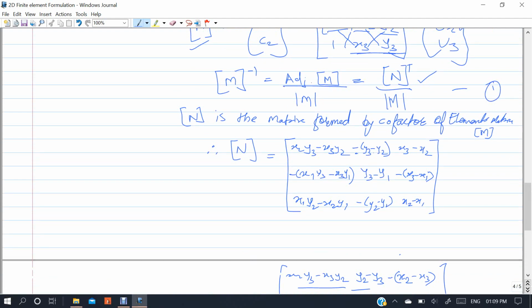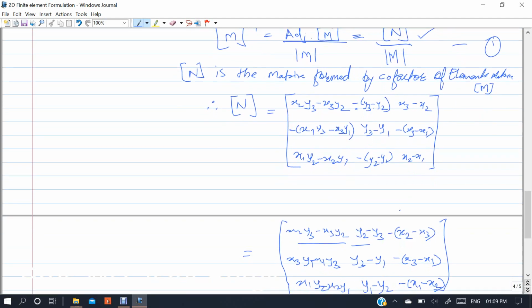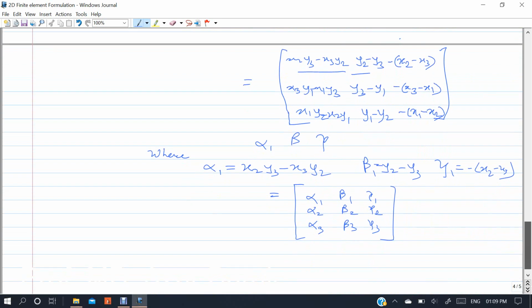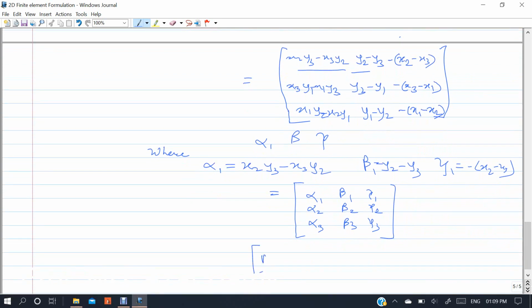In that, M inverse equal to 1 upon the determinant of M, into alpha 1 beta 1 gamma 1, alpha 2 beta 2 gamma 2, alpha 3 beta 3 and gamma 3.